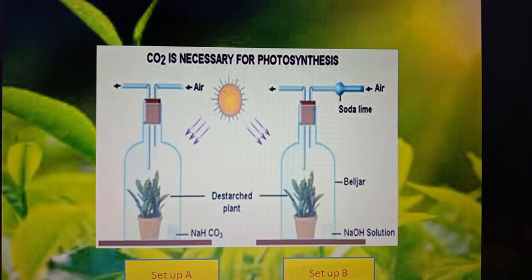So by that experiment we can prove that carbon dioxide is necessary for photosynthesis. Without carbon dioxide, starch can't be produced and it will give a negative starch test.